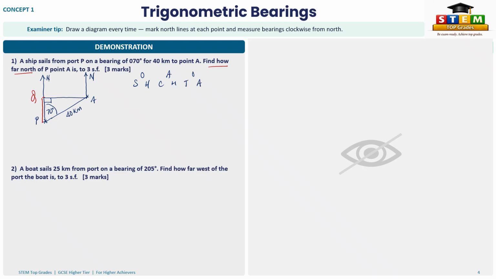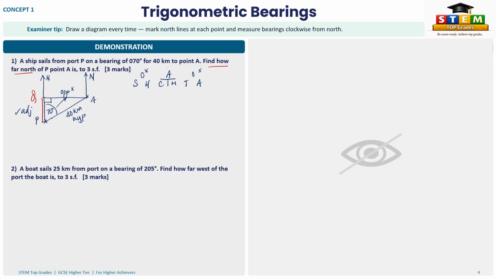Now, if you have an angle of 70, the side opposite 70 will be obviously the opposite, and the side which is adjacent to 70 is therefore our adjacent, and that is going to be our hypotenuse. So we do not have any information about the opposite. That therefore tells us we are going to be looking for the adjacent.